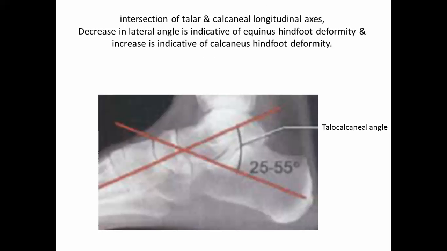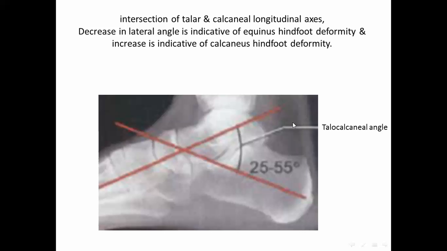So you just draw two intersecting lines. The intersection of the talar and the calcaneal longitudinal axes should be 25 to 55. Hind foot deformity is indicated when there is change of this angle.